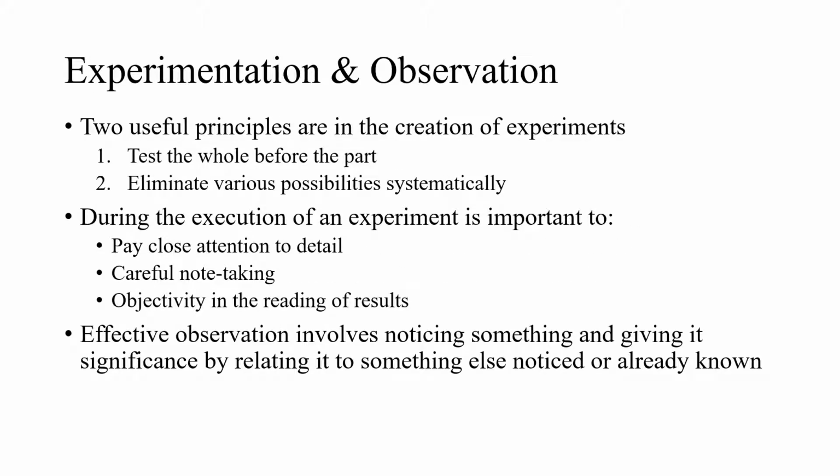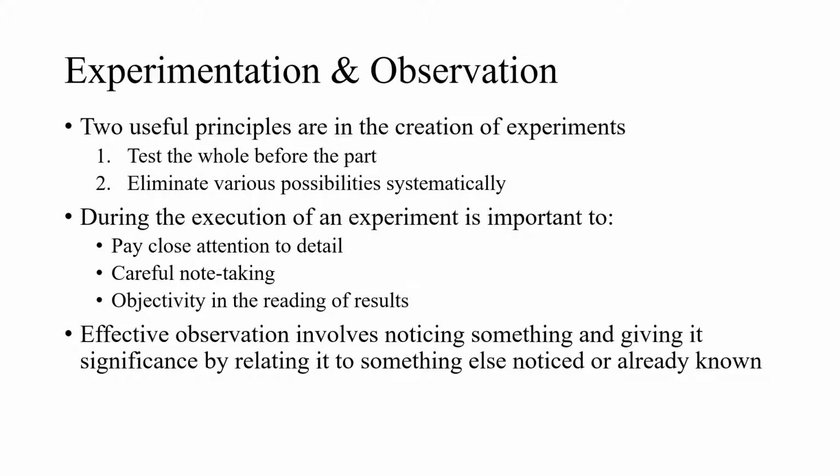Once the preparation, strategy, and hypothesis are implemented, the next phase of experimentation is observation. Two aspects of quality experiments are, one, test the whole before the part, meaning that the experiment should be thorough and take into account all possible factors, and two, the elimination of various possibilities systematically.